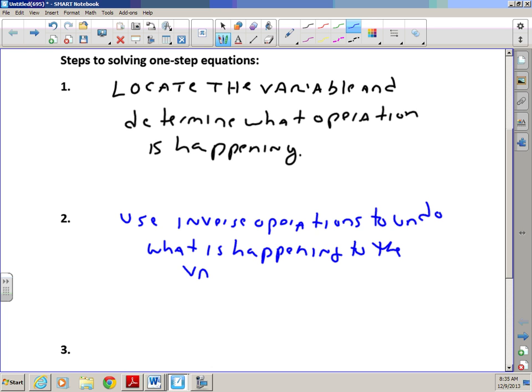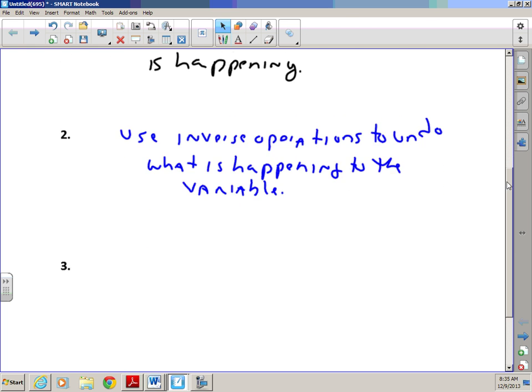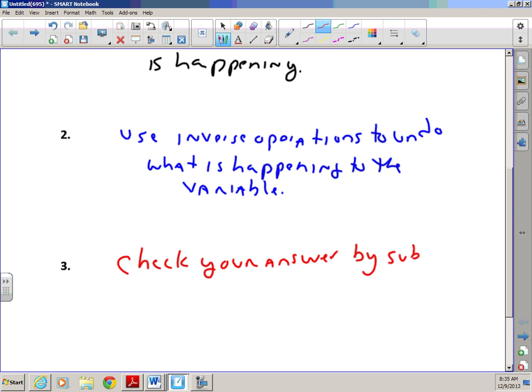And when we talk about inverse operations, what we're talking about is the inverse of addition is subtraction, the inverse of multiplication is division, and they're inverses of each other. And then we check our answers. Now, how do we check our answer? We always go back and substitute in.